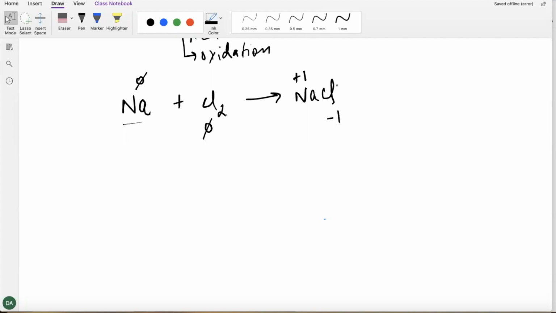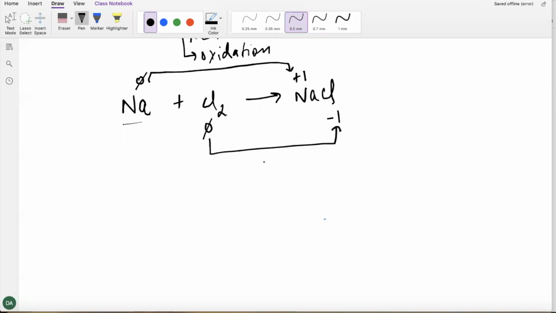Now if we compare left to right, sodium went from 0 charge to +1. Everyone see that? And what happened to chlorine? It went from 0 to -1. Do you notice one of them went up and the other went down?